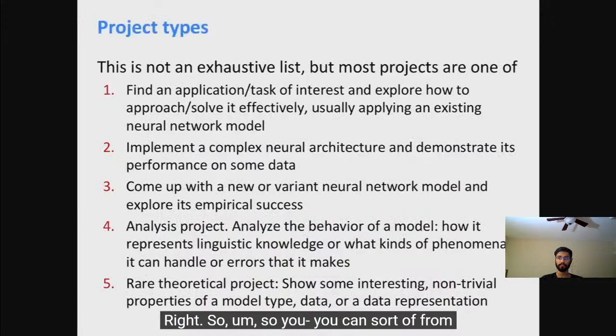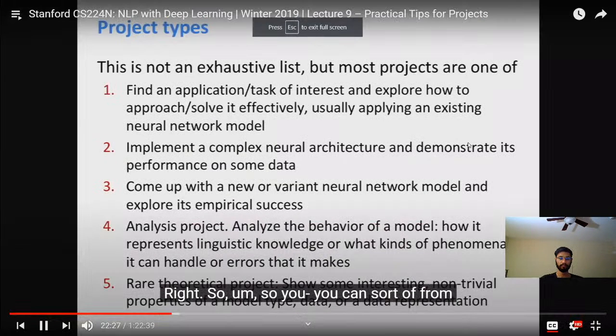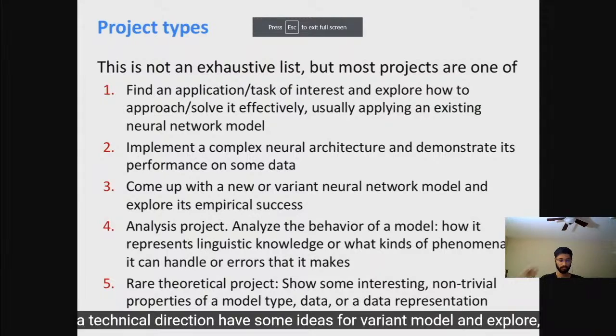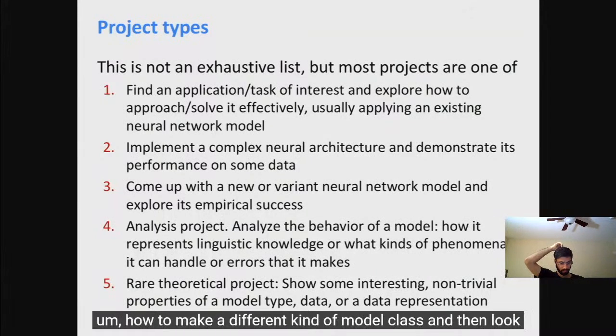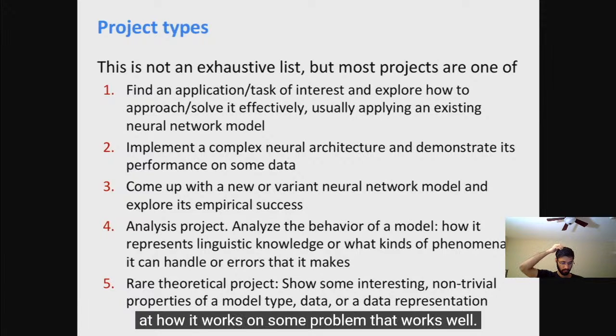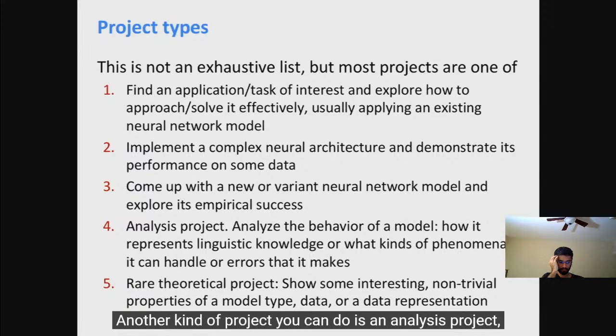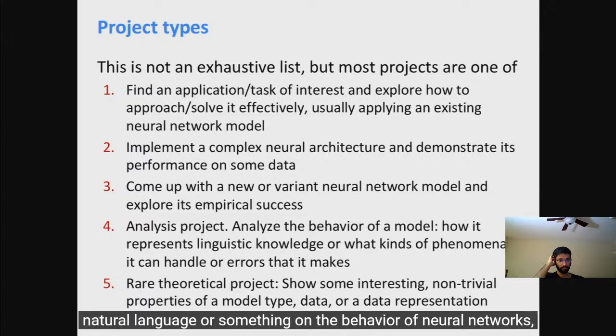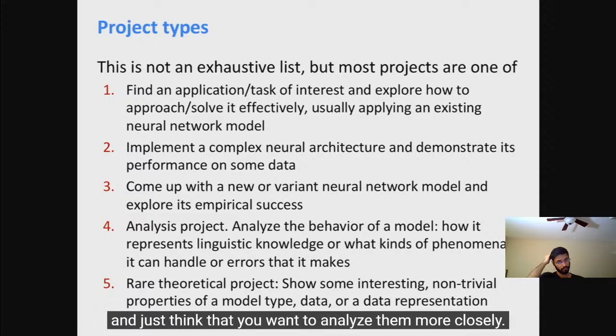So you can, from a technical direction, have some ideas for a variant model and explore how to make a different kind of model class and then look at how it works on some problem. That works well. Another kind of project you can do is an analysis project, where you might be interested in something in natural language or something in the behavior of neural networks and want to analyze them more closely.